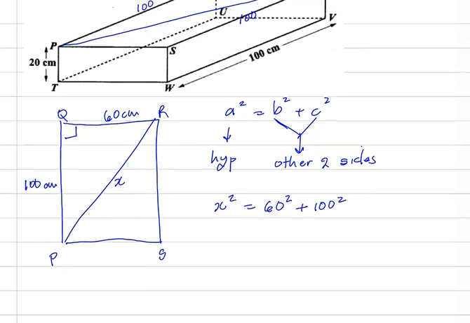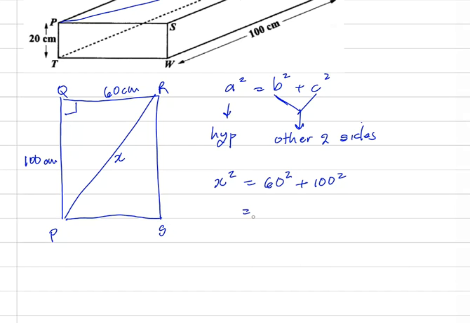Those are the other two sides. This is 3,600 plus 10,000, so this is 13,600.